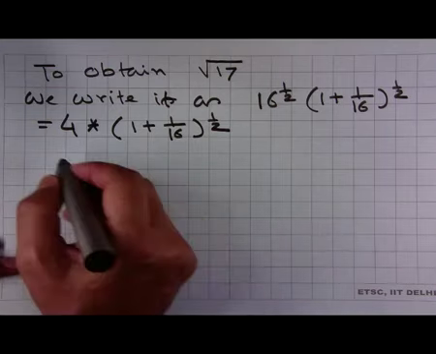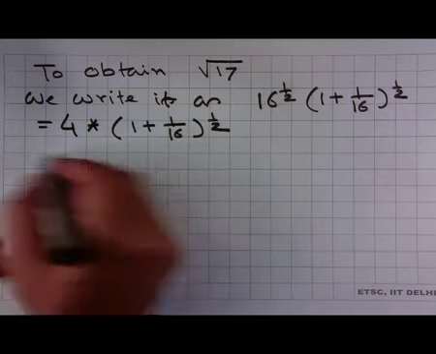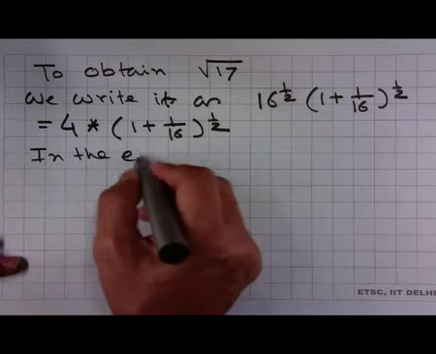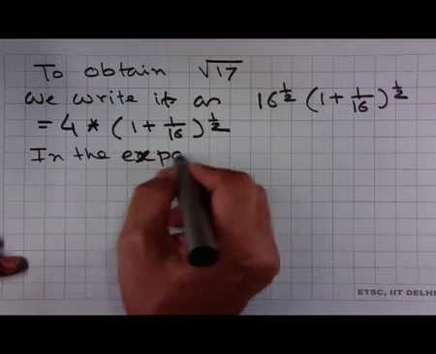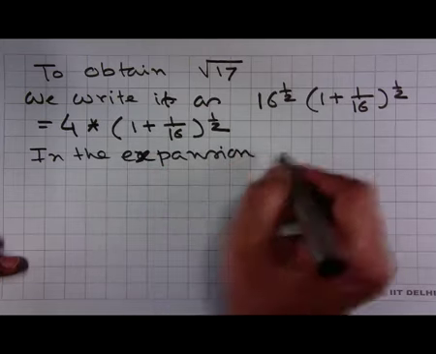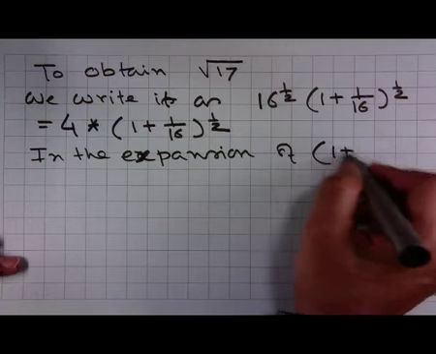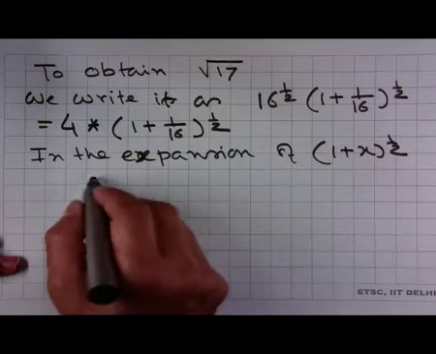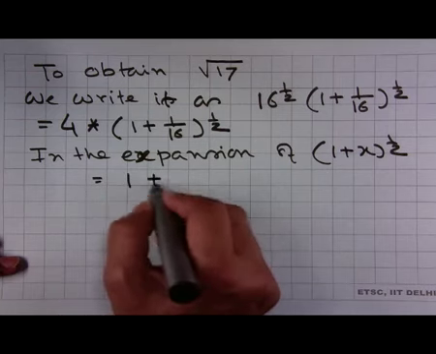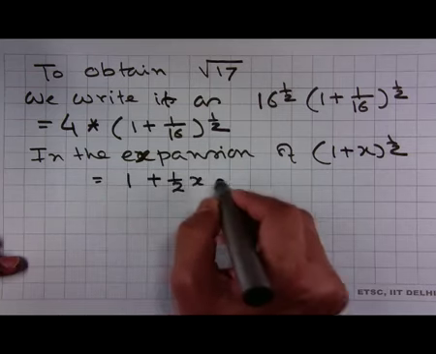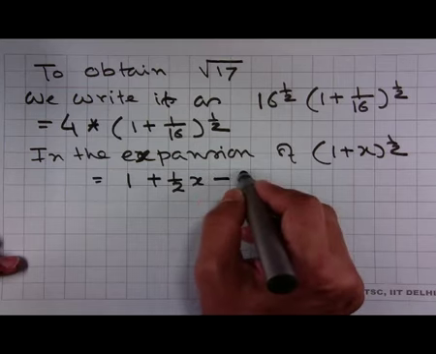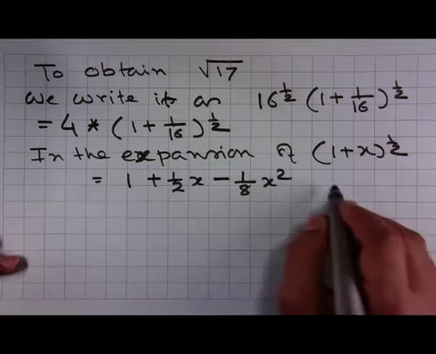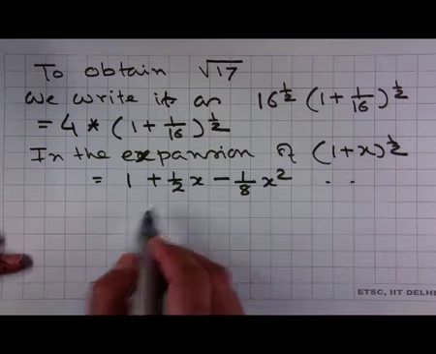We have found out that in the expansion of 1 plus x whole to the power half, this is equal to 1 plus half x minus 1 by 8 x square plus other terms which we have ignored.